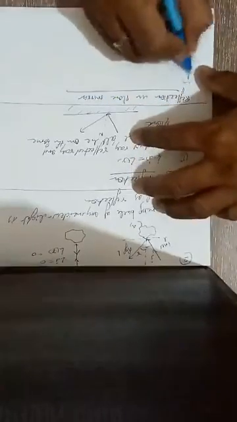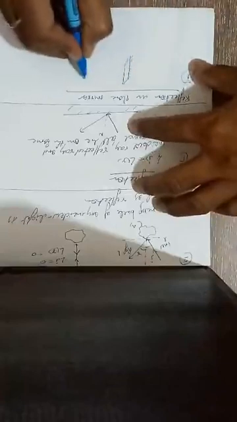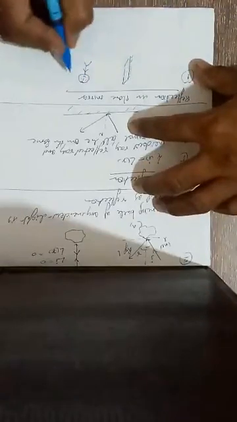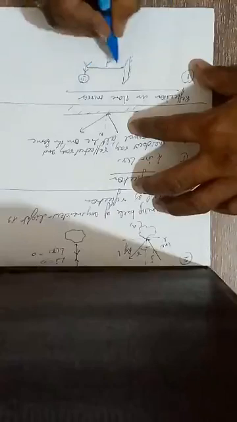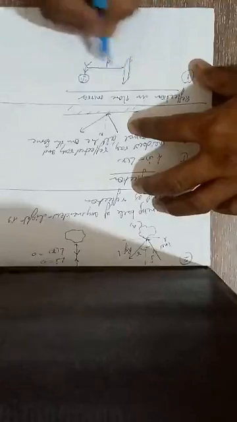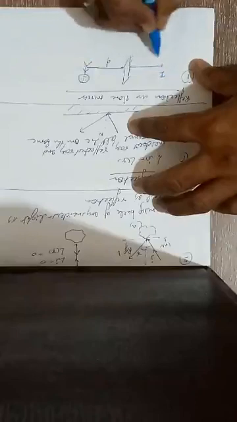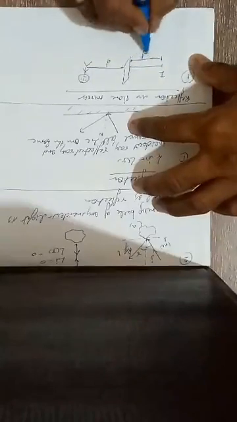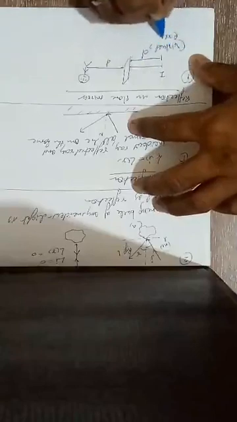In a plane mirror, suppose this is the mirror and an object is here, suppose a boy is here. Whatever the distance of the boy from the mirror, say d, his image will be formed behind the mirror at the same distance d, right? And the image will be virtual and erect.